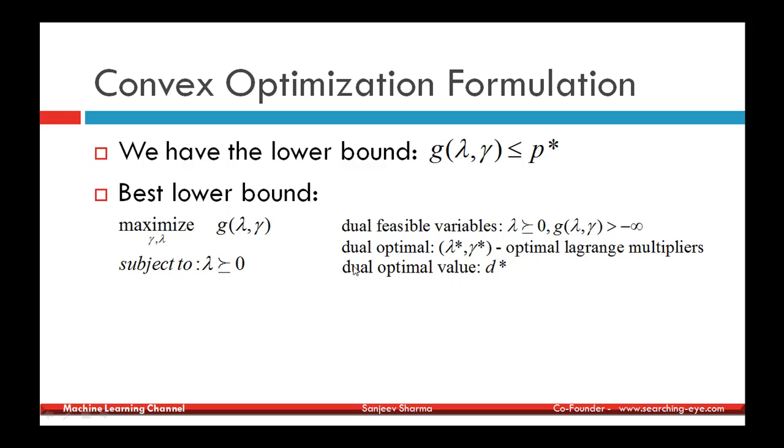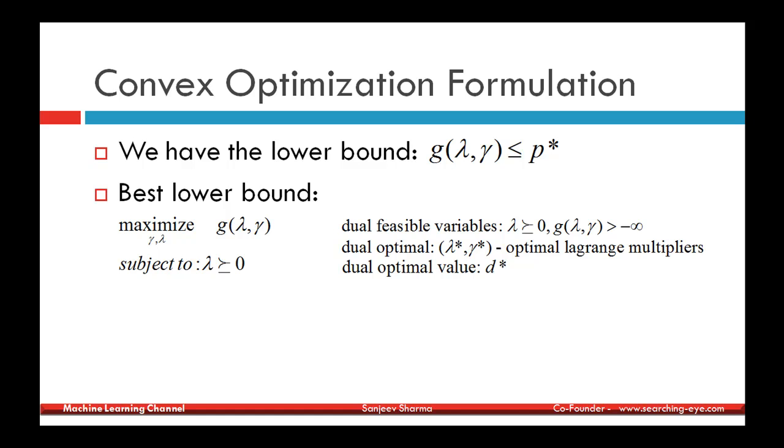As we know, g, the dual function, is a concave function, and maximizing a concave function subject to the linear constraint lambda greater than or equal to 0 is a convex optimization problem, because we can always take the negative of g and minimize it.